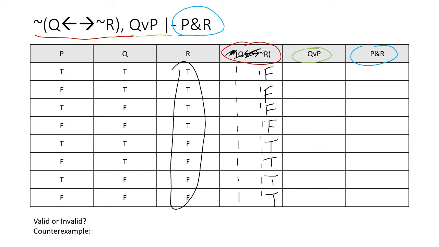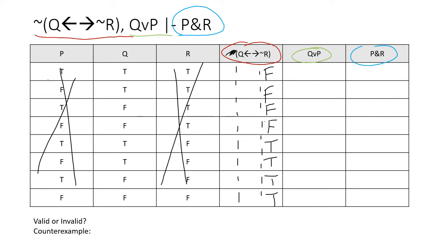So we're going to take all the values here from R and we're going to flip them. And then we can do our double arrow rule, including our Q. So wherever they match, it'll be true. And that's going to be here, here, and here. And so these are going to be true. The other ones are going to be false.